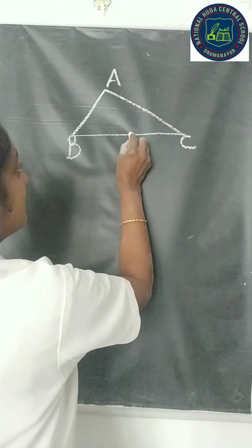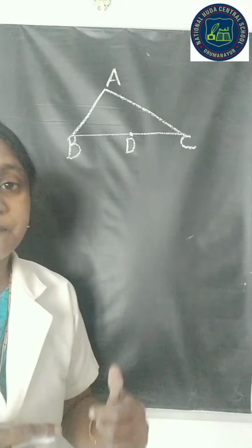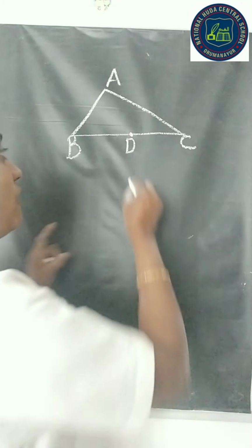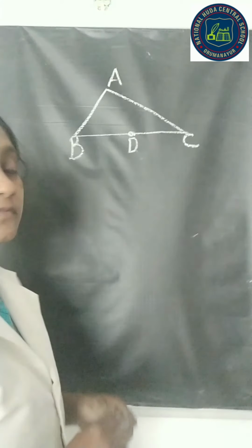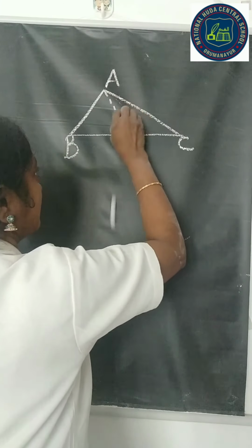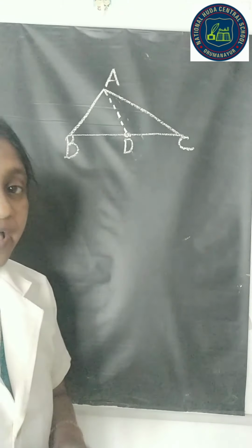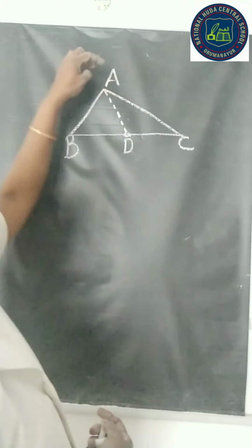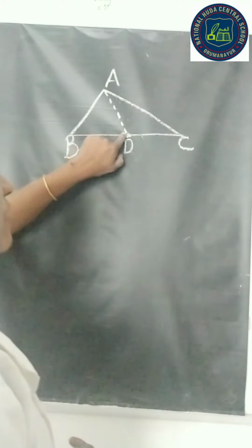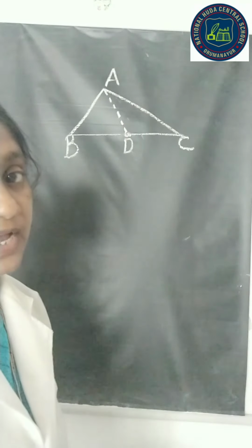Let D be the midpoint of BC. The line which connects the vertex and the midpoint of the opposite side is called the median of the triangle.